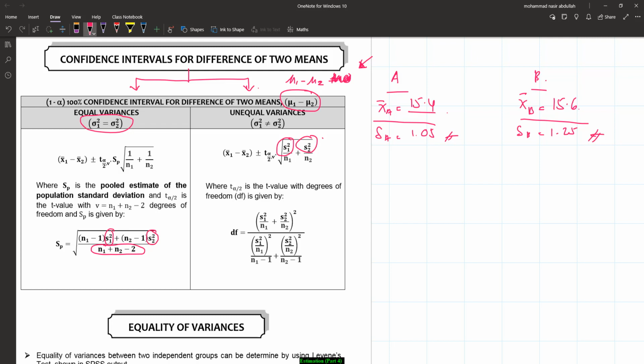Since this is equal variance, we can simply use n1 plus n2 minus 2. So this is the pooled standard deviation.